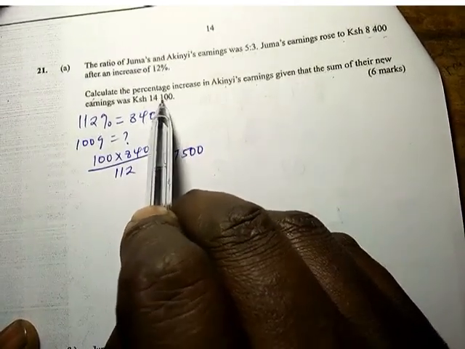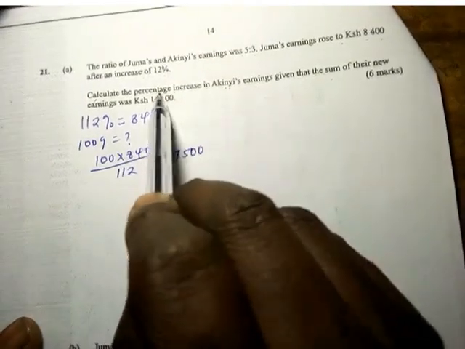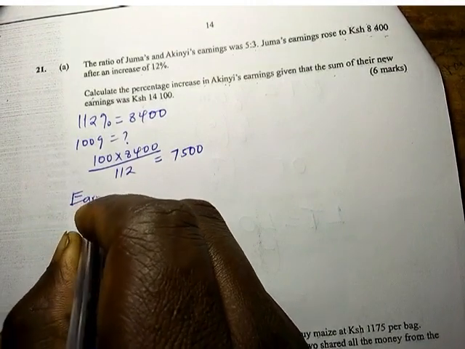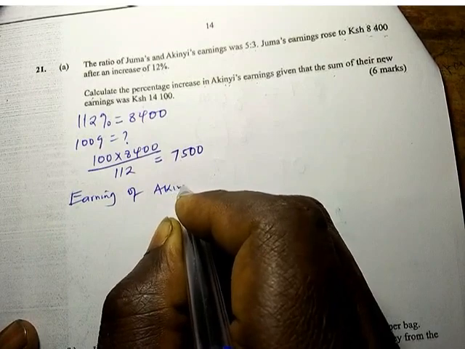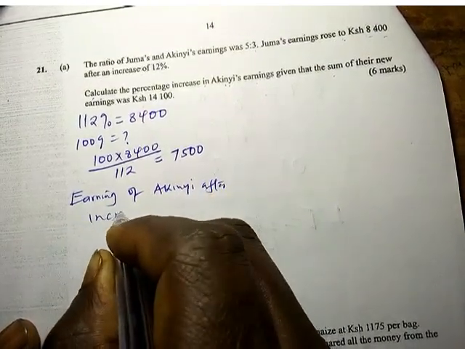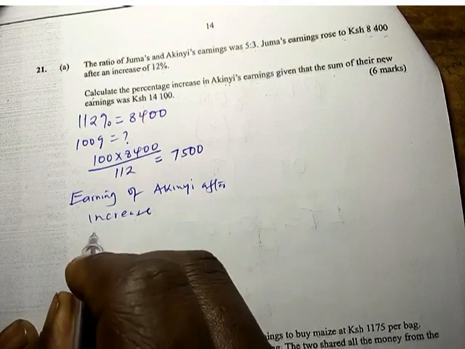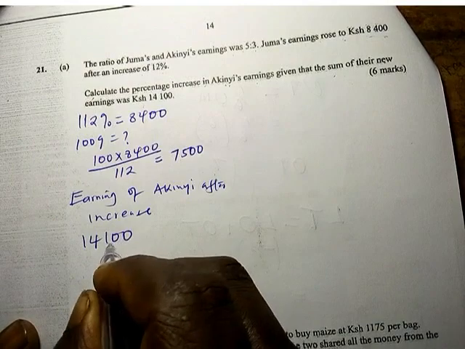Now we can get the earning of Akinyi after an increase, because it has already increased. So the earnings of Akinyi after increase. So they get a total of 14,100 after increasing.